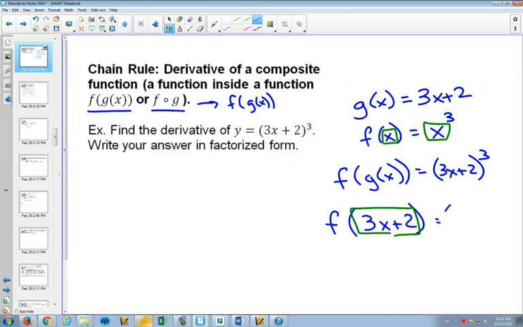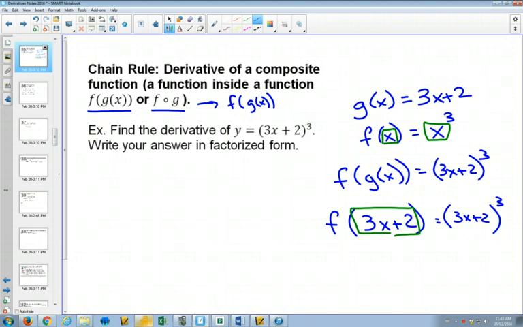So the x gets cubed, so now that means the 3x plus 2 gets cubed. So that's just a little bit of review of composite functions, of function notation. We've already been dealing a fair bit with function notation with our definition of the derivative, because we're often plugging in x plus h, right? So you're getting used to that idea.